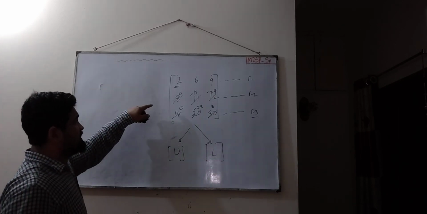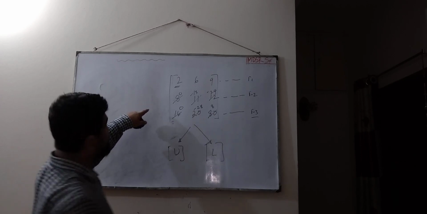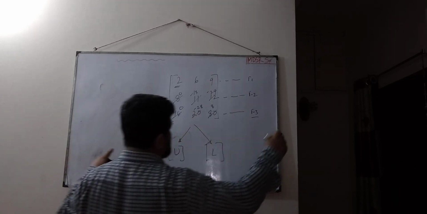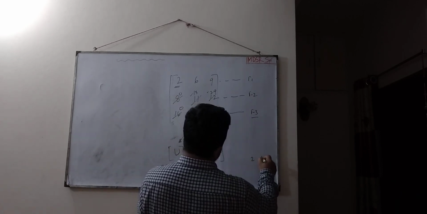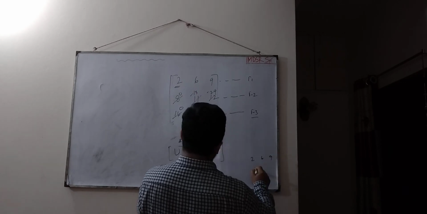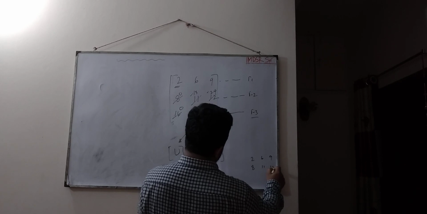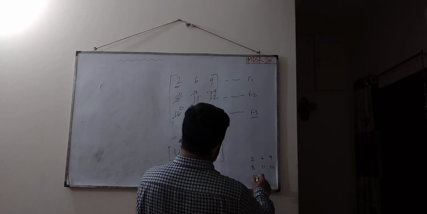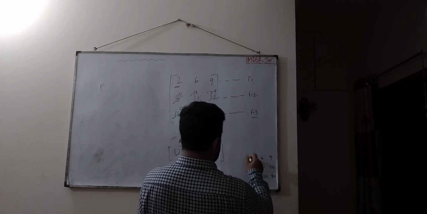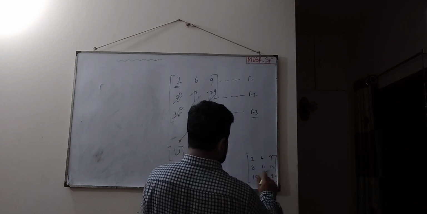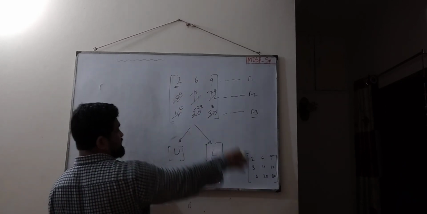Essentially what happened, let me keep an original copy somewhere down below. It was 2, 6, 9, 8, 11, 12, 16, 20, 80. So this was the original matrix. I'm just giving a copy of that. So this one is not that anymore.